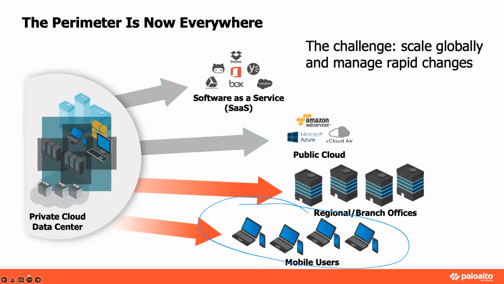A couple years ago, maybe 10 or 20% of your user base was mobile sales folks, traveling and going to customer sites and that sort of thing. But everybody else was sitting inside the data center. And as they went out to the internet, they would go through firewalls. So you only had to worry about this 10% of folks. Well, that has changed, obviously.